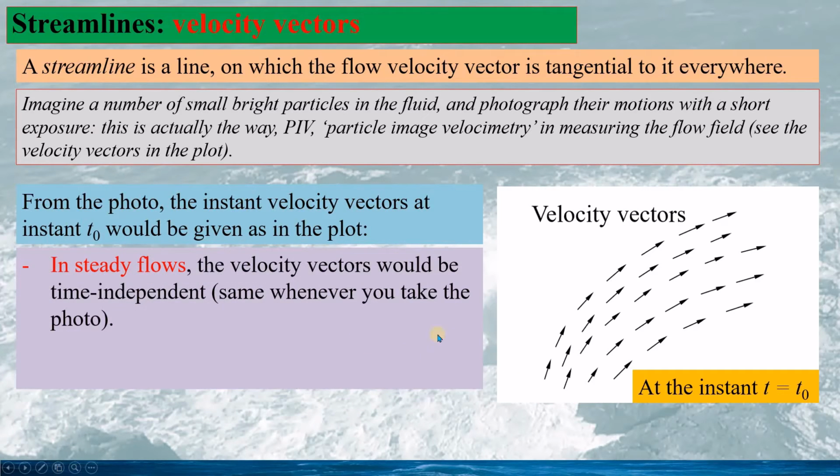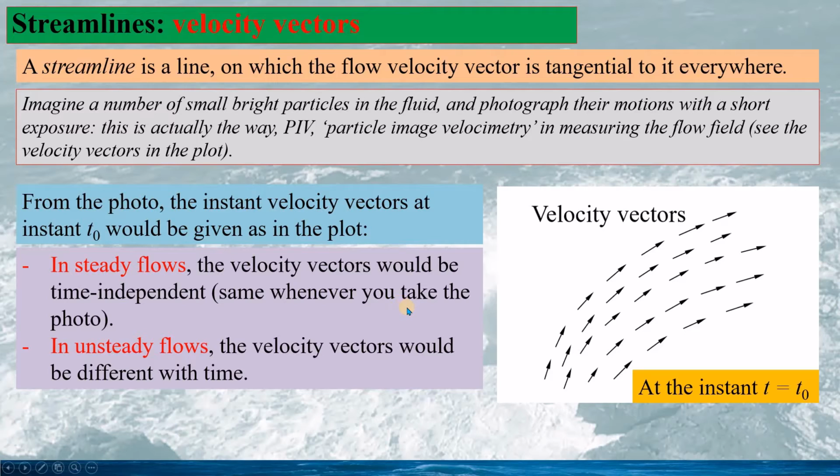If the flow is steady, then the velocity vector would be time independent. That means whenever you take the photograph, you will see the velocity vectors are all the same in time. In an unsteady flow, the velocity vector would change with time.